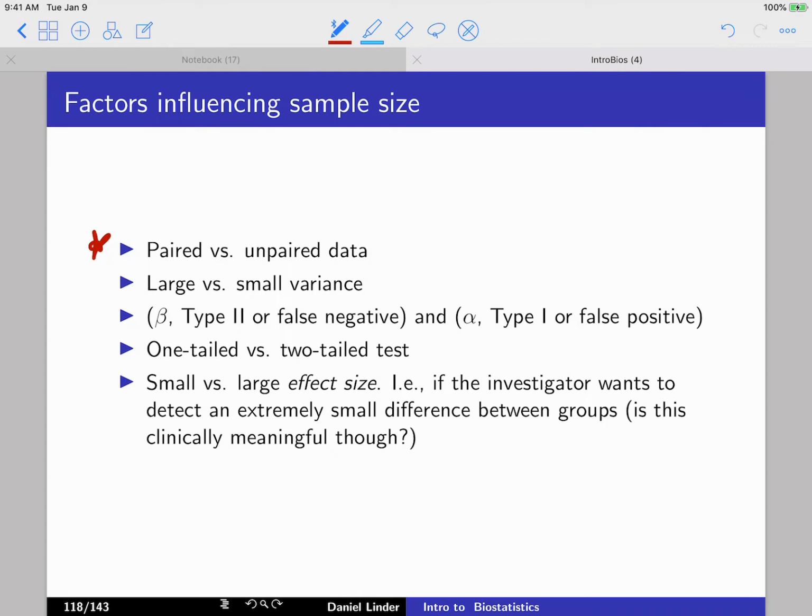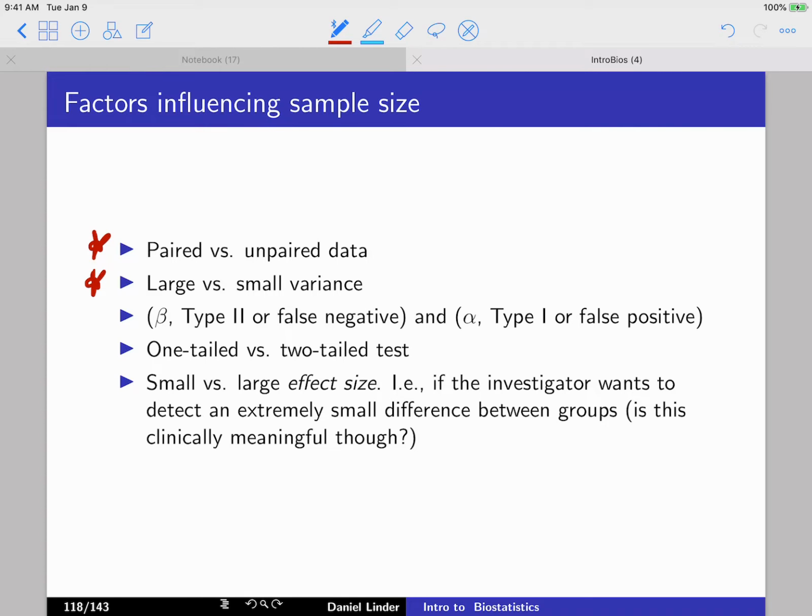Another important factor that we alluded to on the last slide is whether you have a large or a small variance in your outcome. The larger the variation is in your outcome, naturally the larger the sample size you're going to need in order to be precise with confidence intervals or any kind of estimation of, say, a mean.